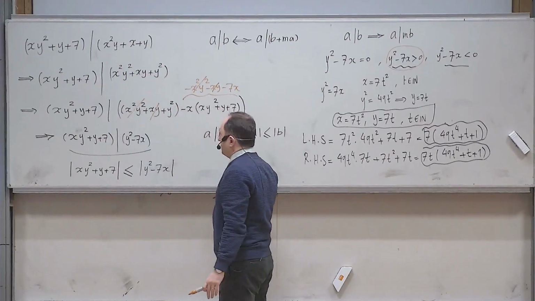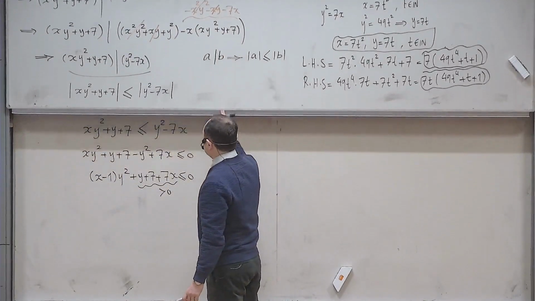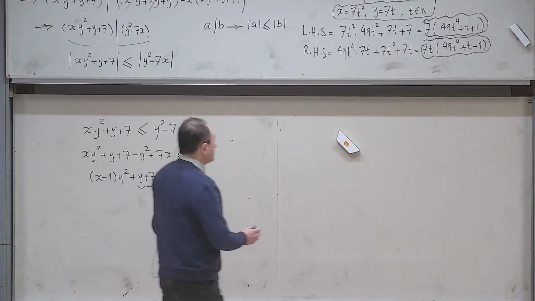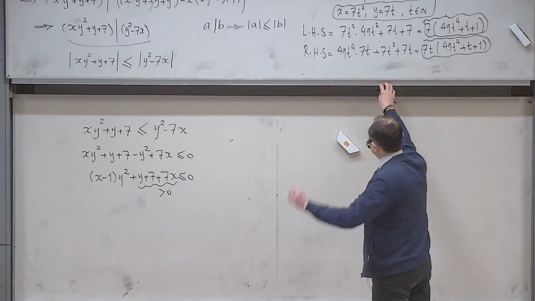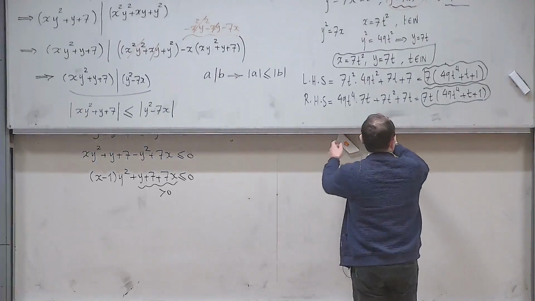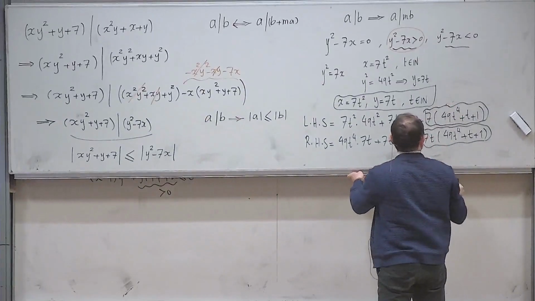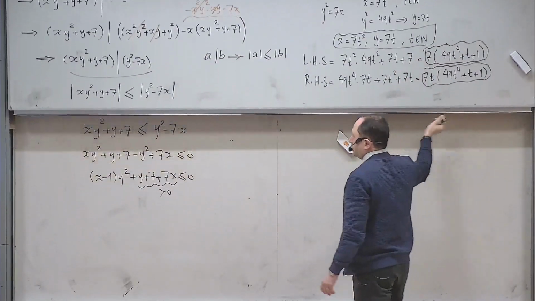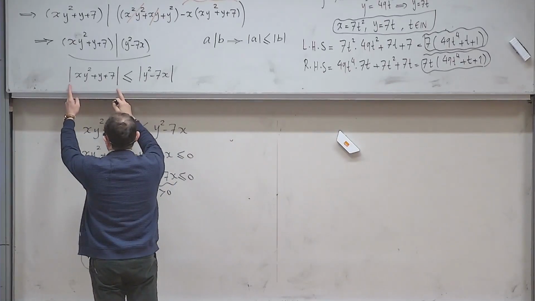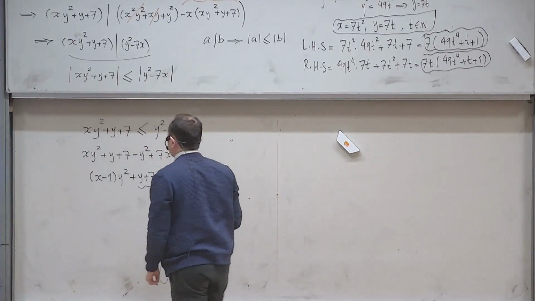But now what about the third scenario? Sorry for the interruption. So here, the last scenario is the case that y squared minus 7x is less than 0. So the left-hand side is still positive because I am looking for natural numbers.